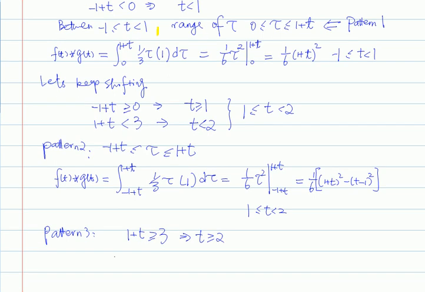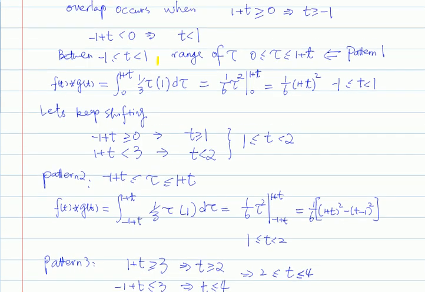However, this edge -1 plus t is still less than 3. I think I can put a 3 here, less than or equal to 3. So then t is less than or equal to 4. So for this region, I have t greater than 2 but less than 4.